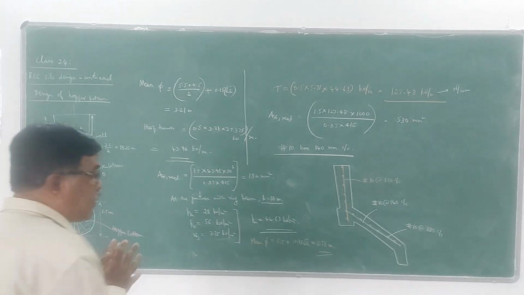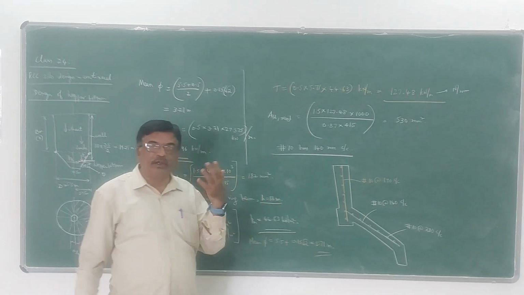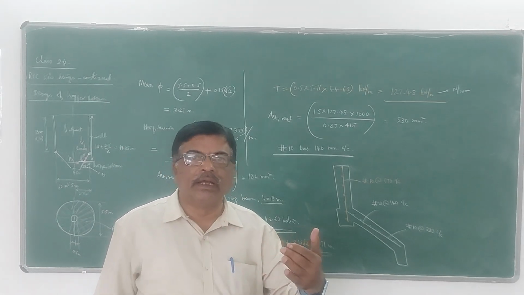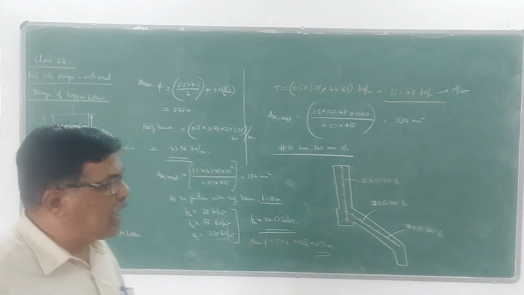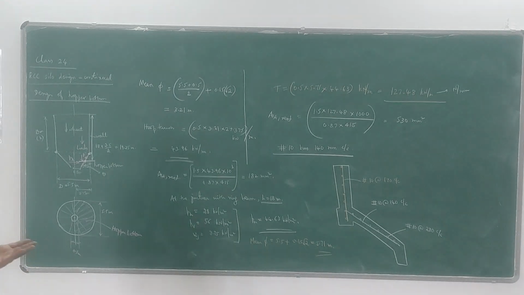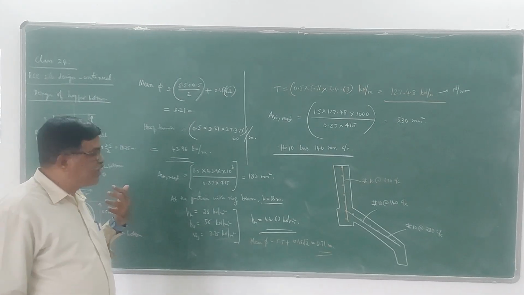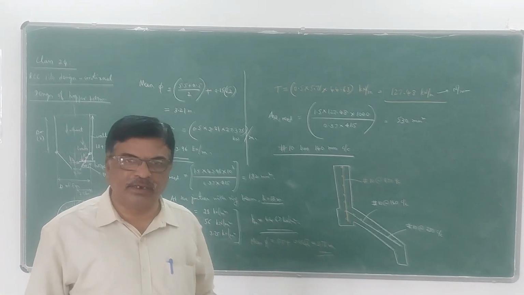In the design of the hopper bottom, we have to consider three loads: the grain load coming from the cylindrical portion, the grain load contained in the hopper bottom portion, and also the self weight of the hopper bottom. For that we have to design the reinforcement, for both direct tension as well as hoop tension.